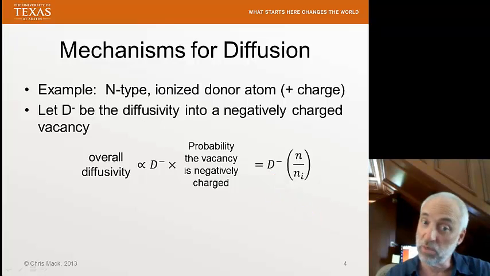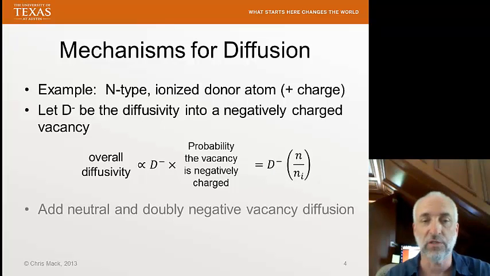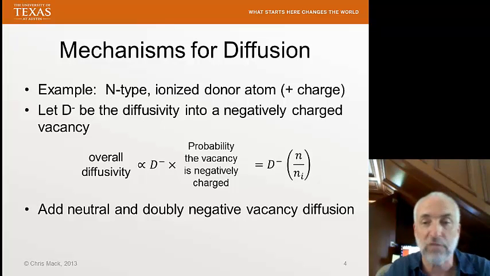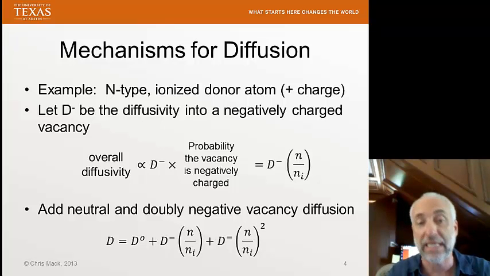Well, as I said, there can be more than just one negative charge vacancy. We might have neutral vacancies. We might have doubly negative vacancies. When we include all the possibilities, we get something like this. Here's the overall diffusivity.